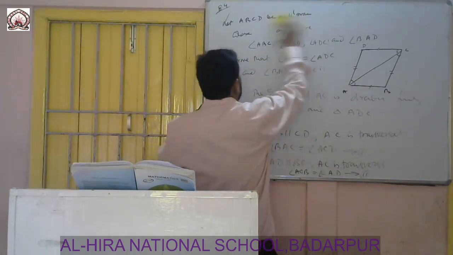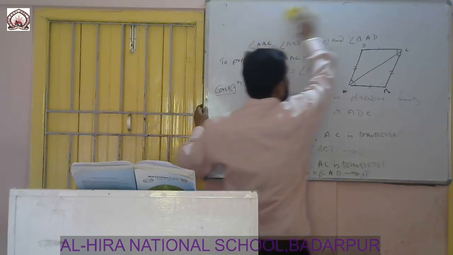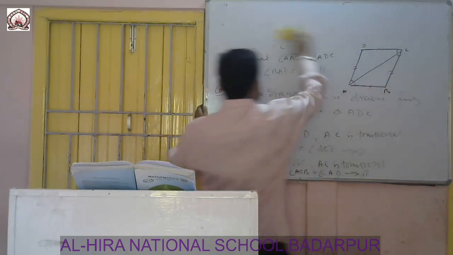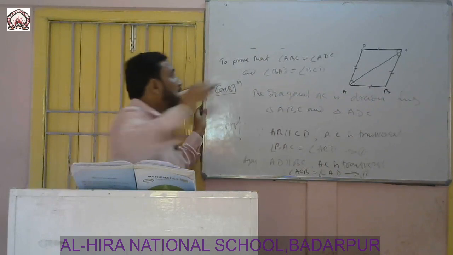Now we have the assets. Now we can prove that these two triangles are congruent.